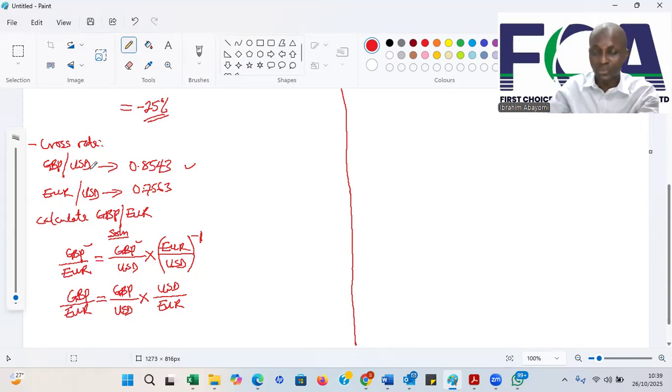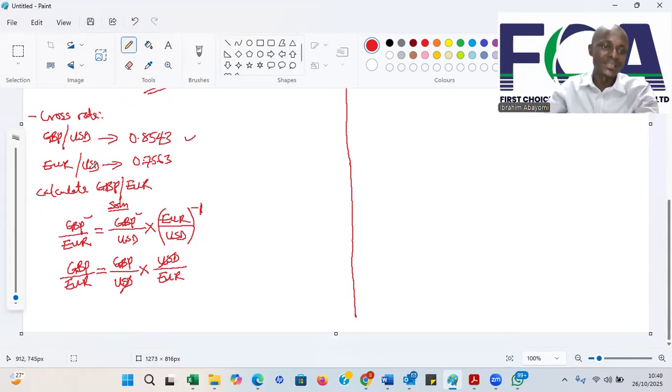That is what the inversion will do for you. The inversion will change the arrangement of this currency. The one down will be up, the one up will be down. We are taking the inverse. So now I can cancel these two USD here. They can cancel each other, leaving me with GBP EUR. So let us apply that to solving this question.